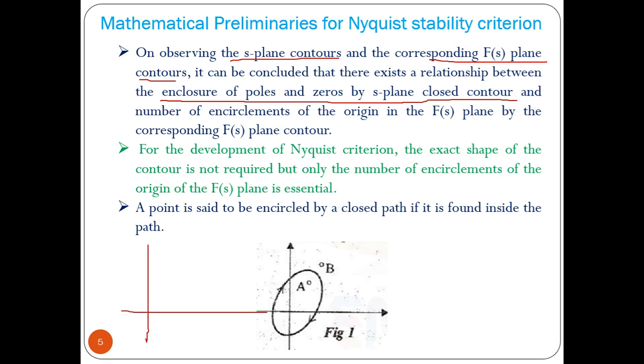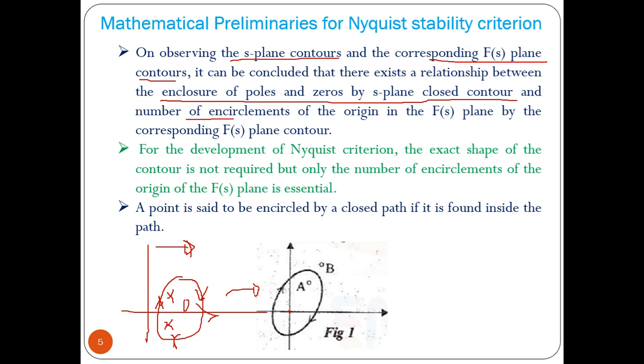That means if we have poles and zeros in the right half plane, and they are enclosed, say in clockwise direction, then if we transform that into the F(s) plane, the origin of the F(s) plane will be encircled some number of times. It can be 0, 1, 2, 3, any value.